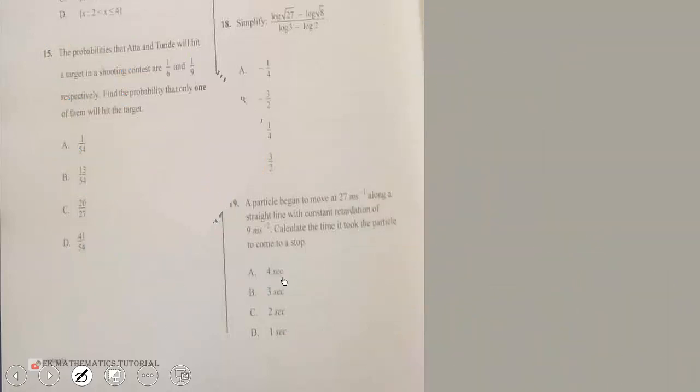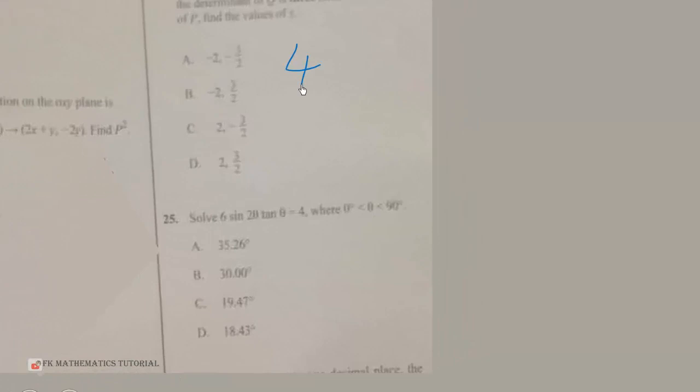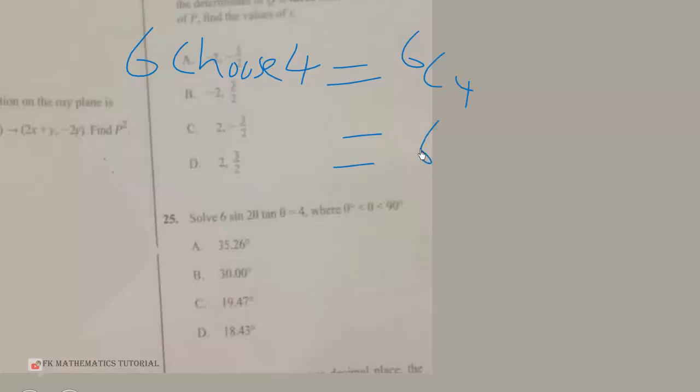And finally, we have number 20 here. In how many ways can four mathematicians be selected from 6? So we are selecting 4 from 6. So 6 choose 4, the same as 6 combination 4. That will give us 6 factorial over 6 minus 4 factorial times 4 factorial.